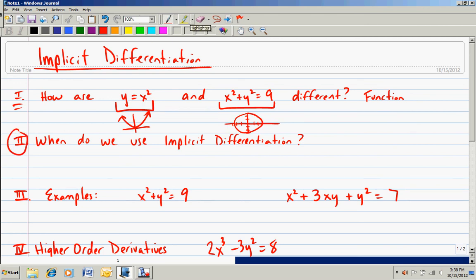When do we and when do we not use implicit differentiation? The key here is we're going to use implicit differentiation typically when we want to find dy/dx for equations that are not functions.